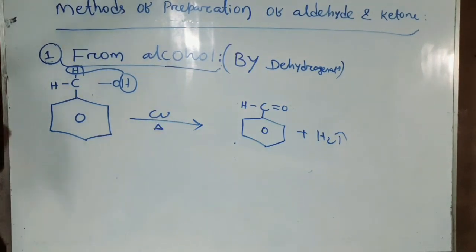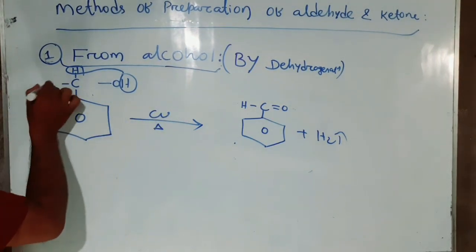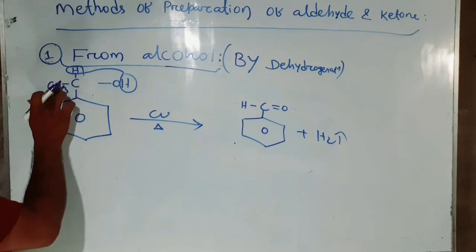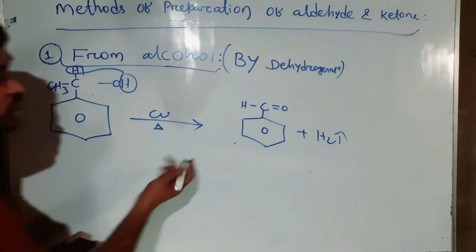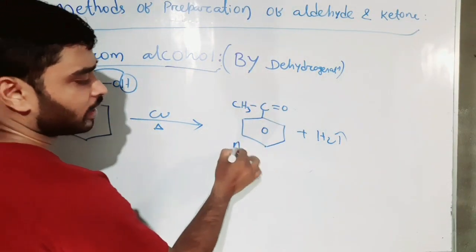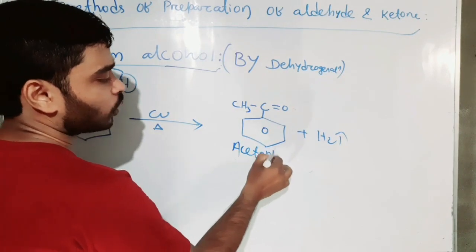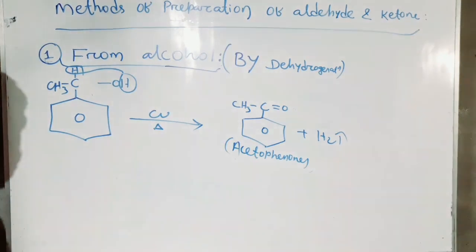Dehydrogenation resulted in the formation of benzaldehyde. Similarly, if we change the group here to CH3, it will also result in the formation of acetophenone. It is the acetophenone which we have prepared through dehydrogenation.